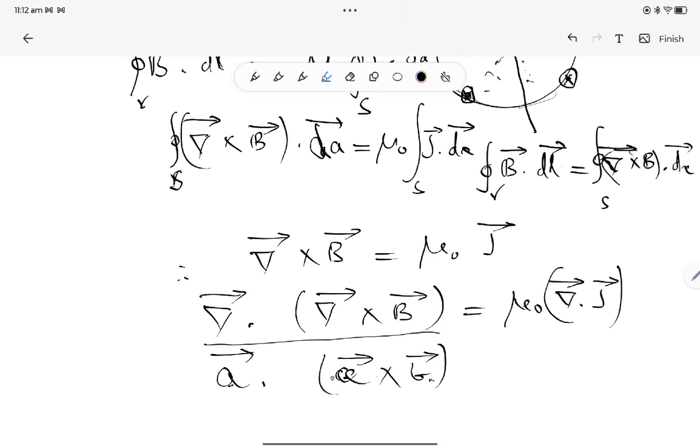So this is 0, equal to mu naught del dot J, but there is no guarantee that del dot J will be 0.